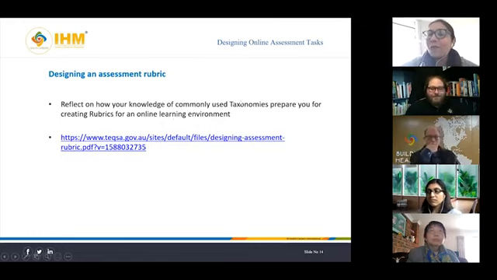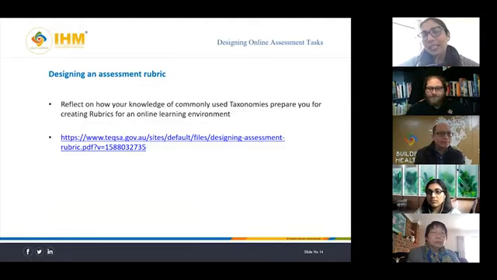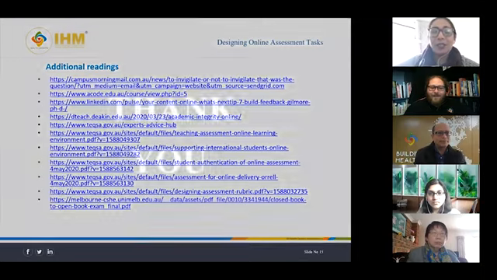Do you think you have to adapt to those taxonomies when you're looking at creating a rubric for an online assessment task? So that is a homework reflection for us to look at how these taxonomies impact how I create rubrics for the online learning environment. That's where I finished the topic for today, and there's additional reading as well that you can all refer to.